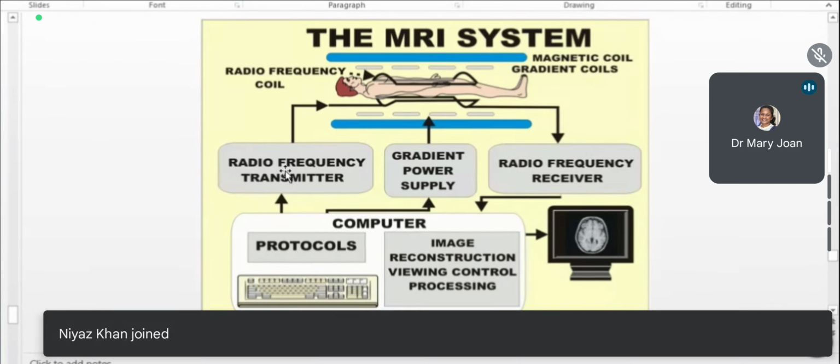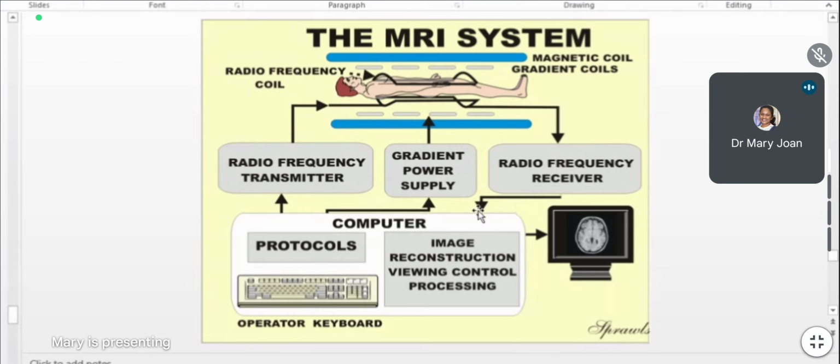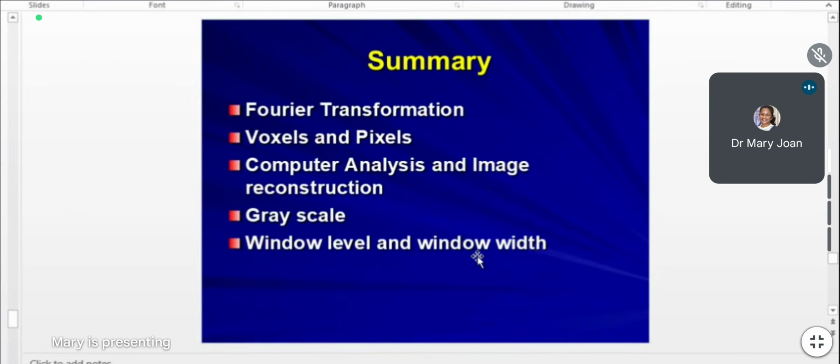Once the image acquisition is done, the radio frequency receiver receives the signal and feeds it into the computer. So we have both the input information and the output information, from where the image reconstruction takes place to get the readable image.